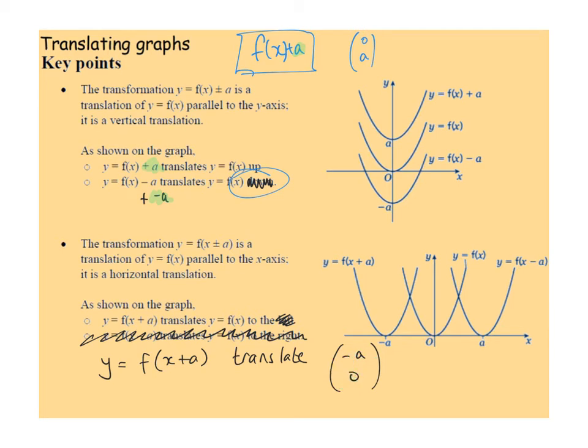An example of that could be if you had y equals f of x add 5, then that would be a translation by the vector (-5, 0), which means you would move -5 to the right and 0 up. -5 to the right, so the opposite sign to what this was.